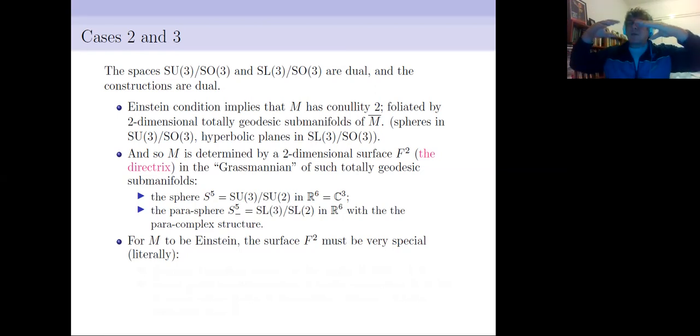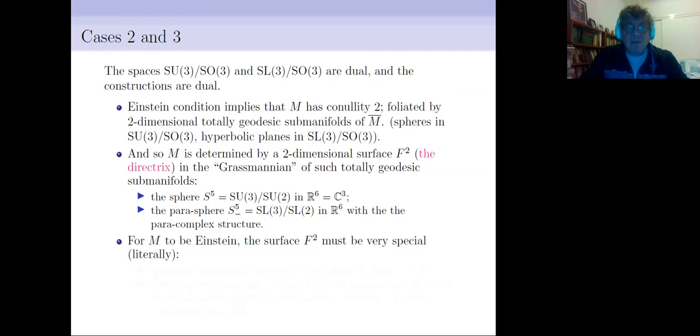So we need to take a 2-dimensional surface in this Grassmannian, and then to every 2-dimensional surface in this Grassmannian, say locally, if everything is fine, there corresponds a 4-dimensional hypersurface. And the question is how we choose this 2-dimensional surface in the Grassmannian so that the resulting 4-dimensional hypersurface is indeed Einstein.